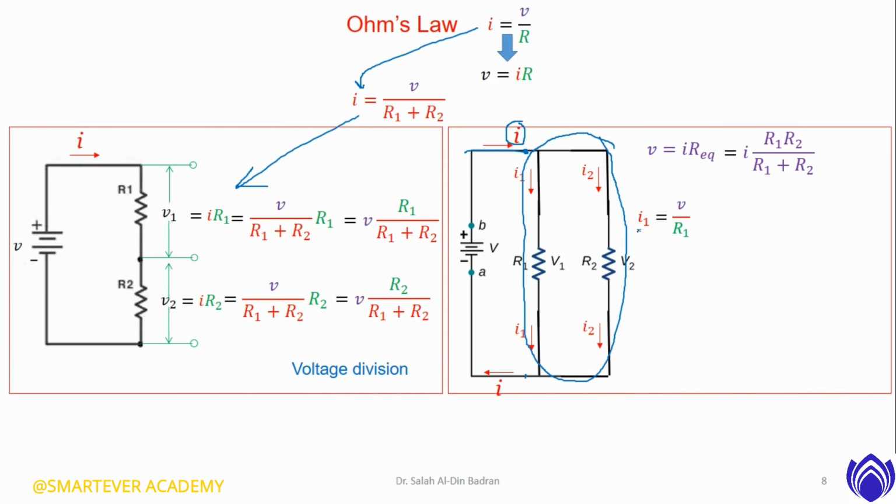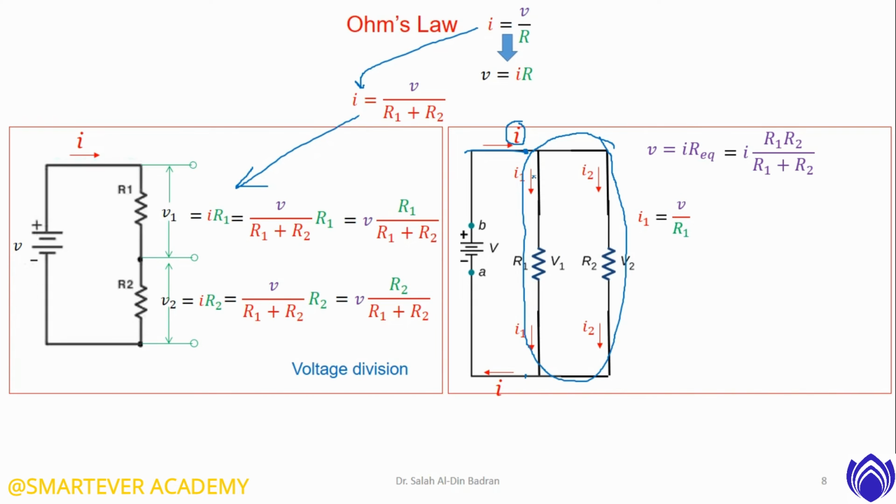How do we find I1? I1 is equal to voltage over R1. Which voltage is this one? We need the voltage across R1.